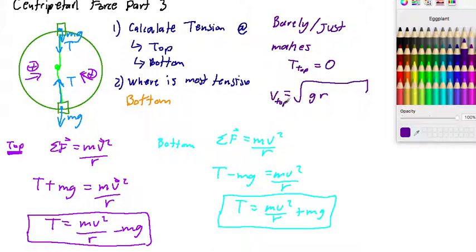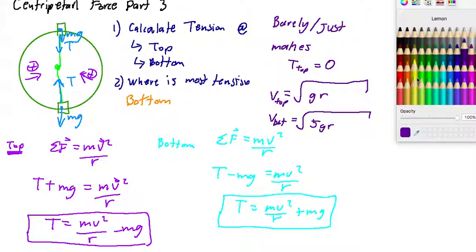So v at the top is this in order for it to make the loop without falling, and v at the bottom before it enters the curve, if it's just making it, is going to be the square root of 5gr. You can look up the derivations and let me know if you want me to explain it here.